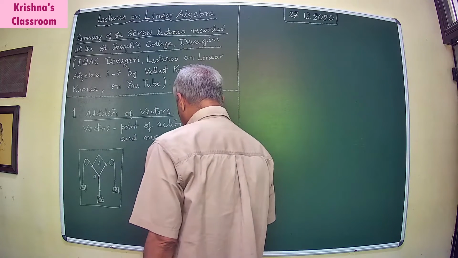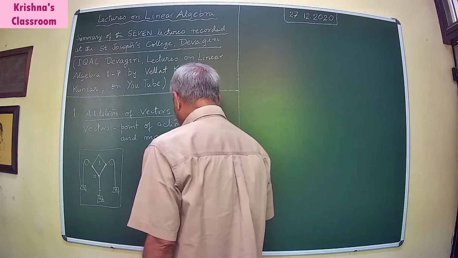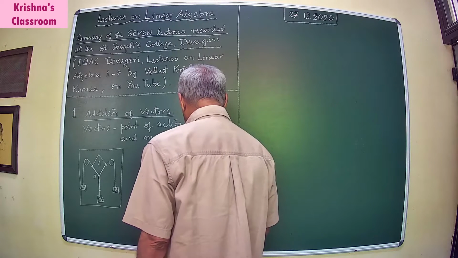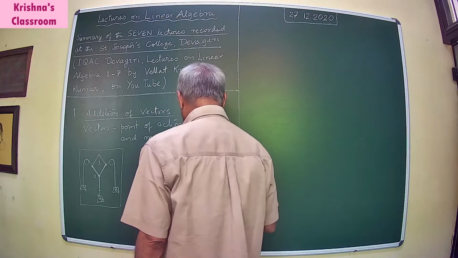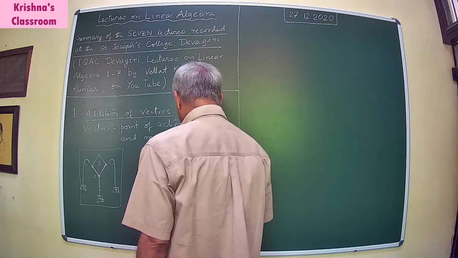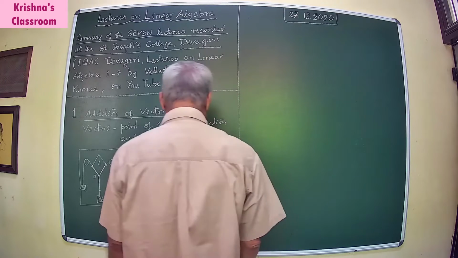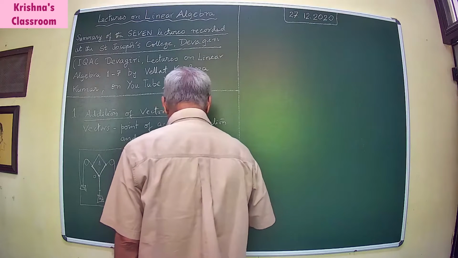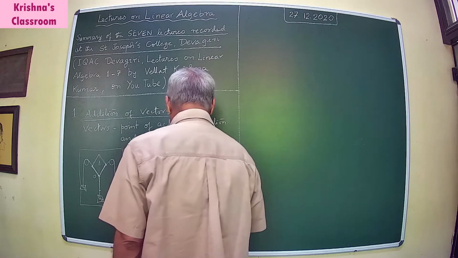So this is u, with coordinates u1, u2 in the Cartesian coordinate system. This is v, with coordinates v1, v2. Now apply the parallelogram law. You get the resultant.